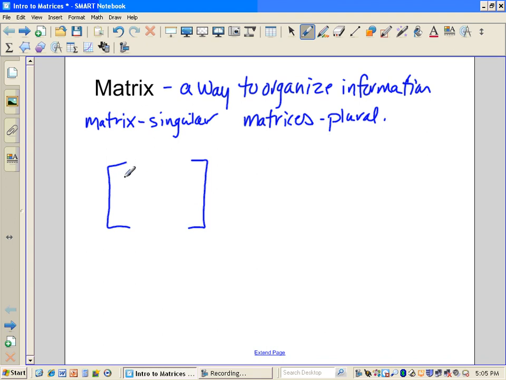And so matrices are set up with brackets, and it means a certain thing when you put it into the calculators and the computers. But basically the brackets are here, and we have rows that go across. And we're going to have columns that go down. And we just put some information in.